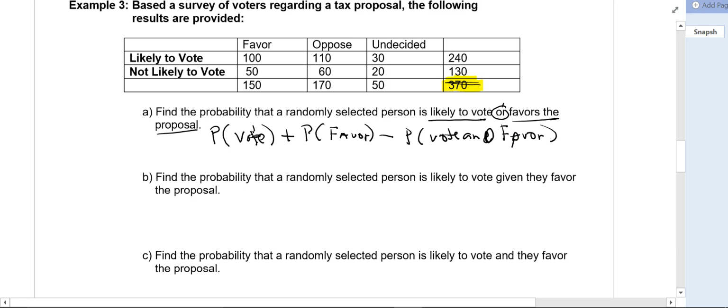All right, so that is the OR formula, right? Again, you might not necessarily need this for this problem if you know what you're doing, but here it is.